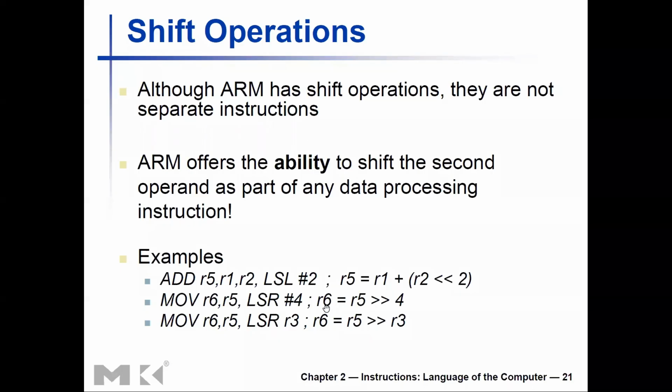In this particular example, you are shifting the value in R5 4 times to the right, and that value is moved to R6. So the instruction we are using is just a move instruction with this LSR part added. R6 will get the value of R5 shifted 4 times to the right.